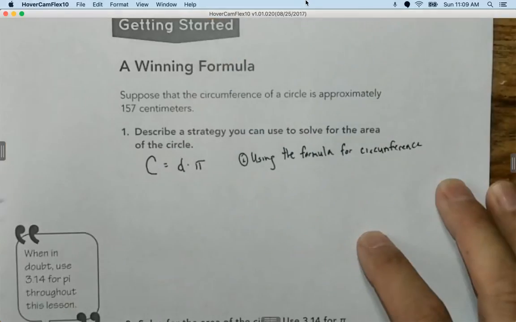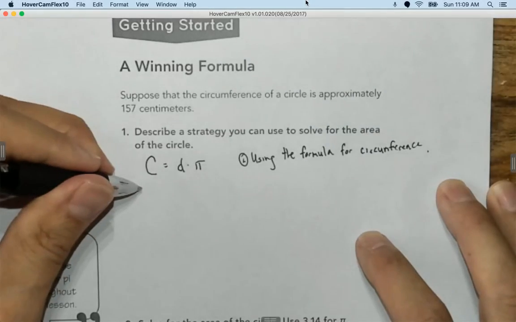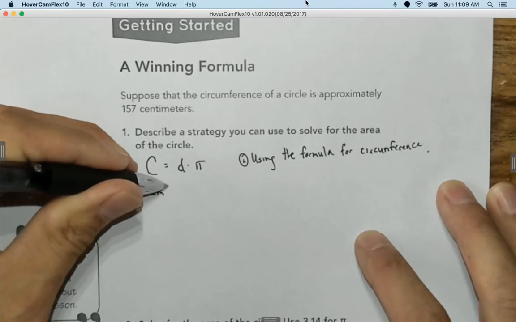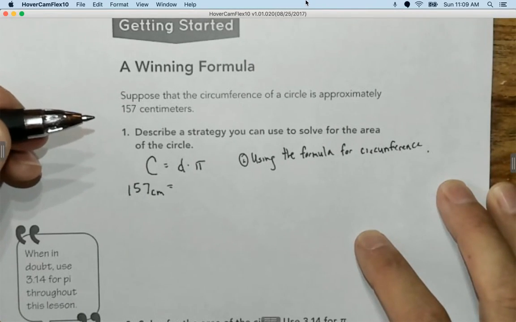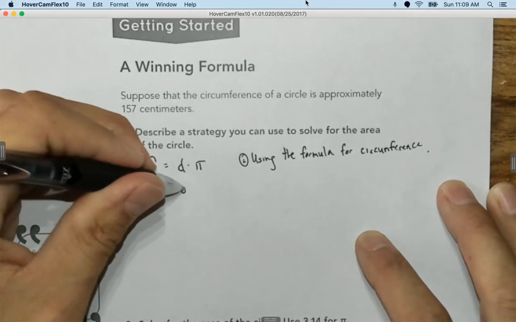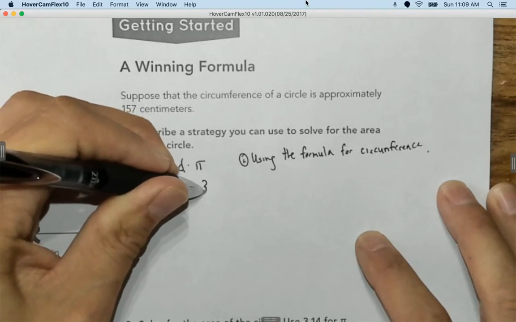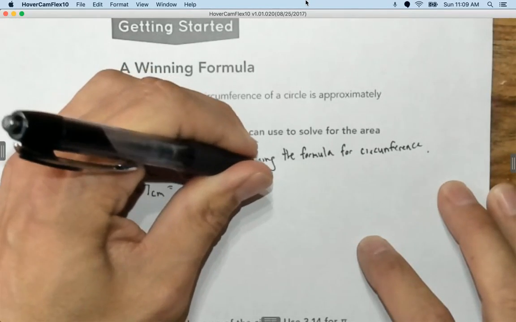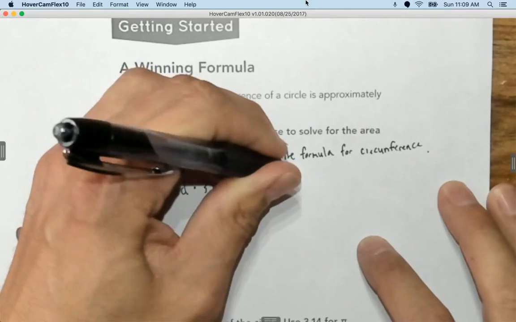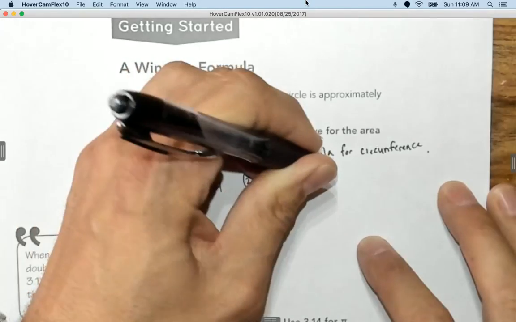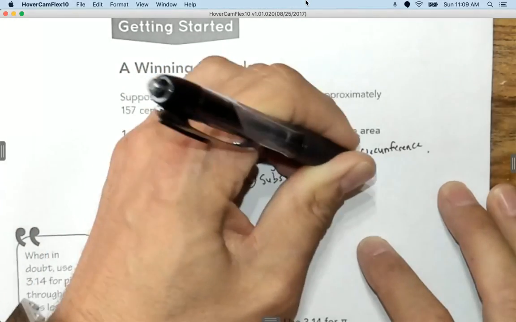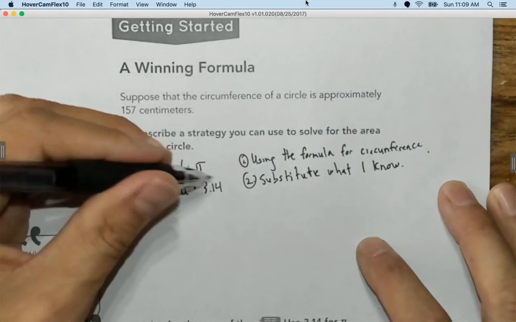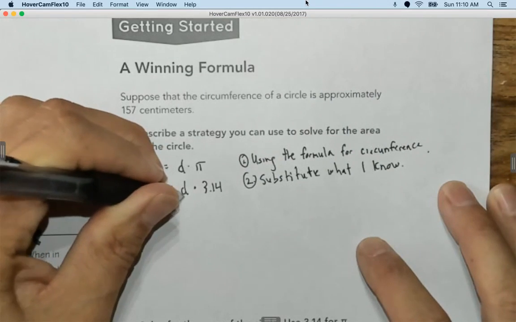Step 2, I would substitute what I do know. 157 centimeters is the circumference. I don't know the diameter, but I do know pi. Then I could do a one-step equation.